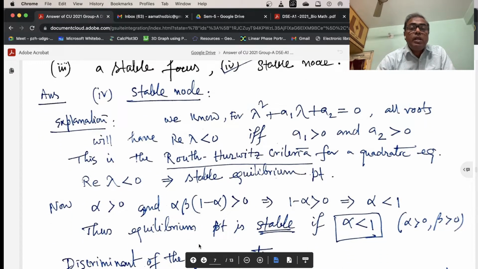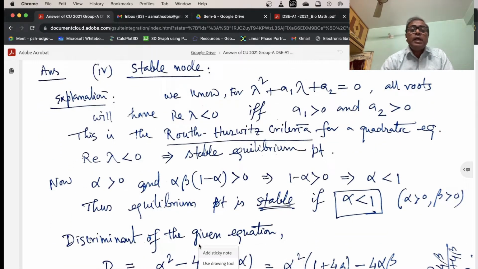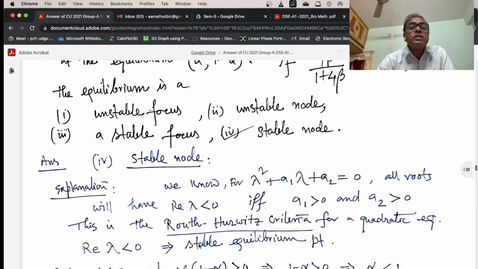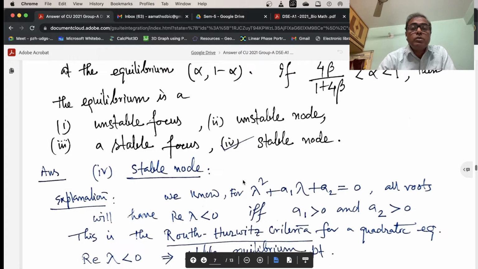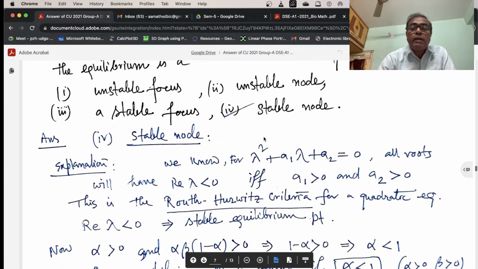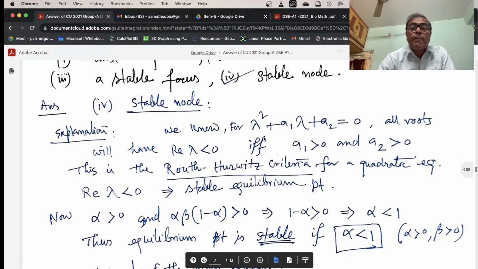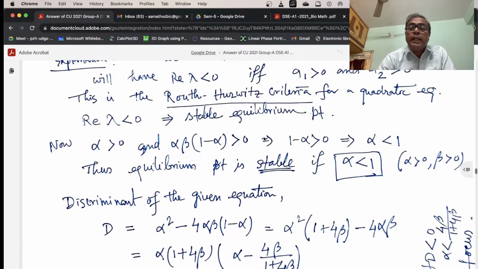Thus, the equilibrium point is stable. The equilibrium point here is (alpha, 1 minus alpha). So the equilibrium point is a stable equilibrium point if alpha is less than 1. And note that alpha and beta are both always greater than 0.